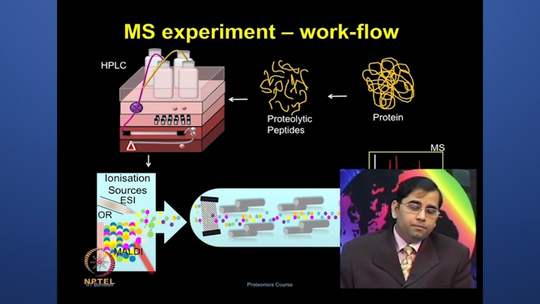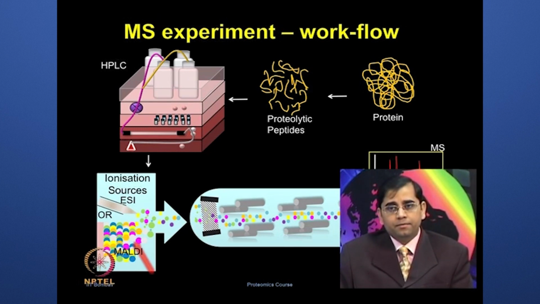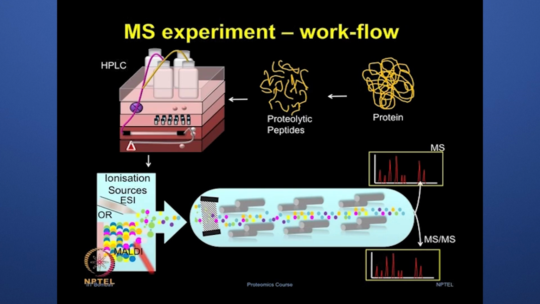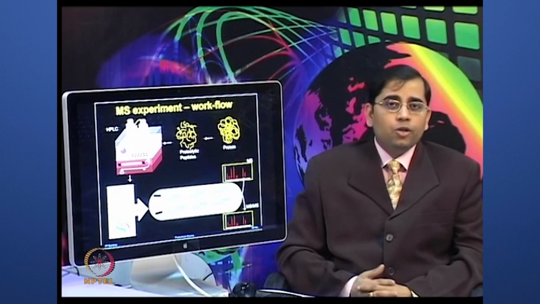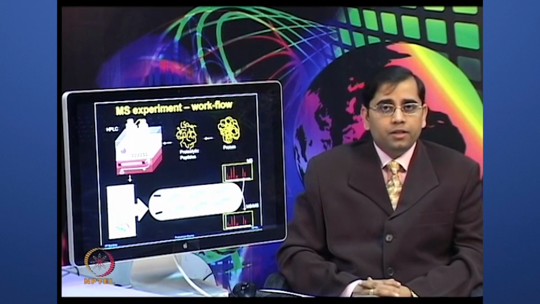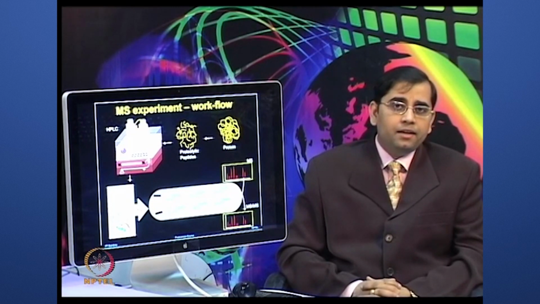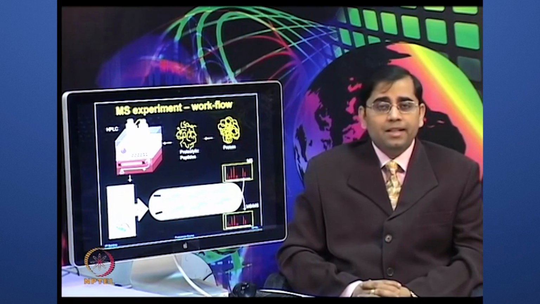After pre-fractionation, in-gel digestion or proteolytic cleavage can be performed by using various enzymes such as trypsin, and then the sample can be injected into the ionization source, whether it be ESI or MALDI, most commonly used for proteomics, as well as other types of ionization sources. These ions can then be resolved in the mass analyzers. Again, there are various types of mass analyzers, and then data can be analyzed in MS or MS-MS mode.